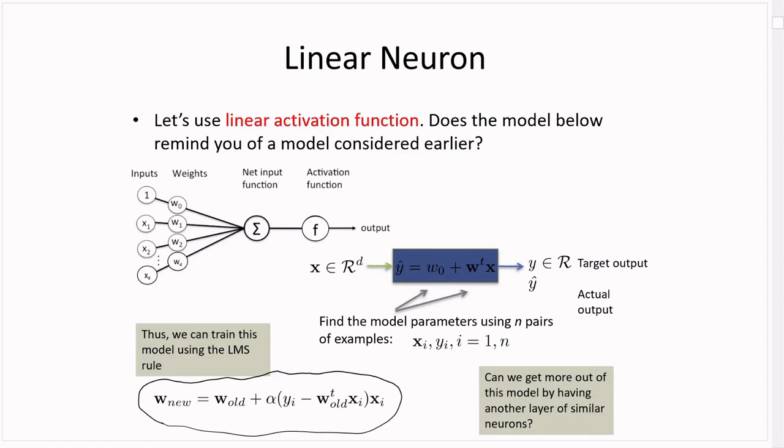You can think about it, but the answer is that when you have linearities and you take two linear blocks and put them in cascade one after the other, you don't really achieve any additional strength or any additional capability in your model, because two linear functions can always be combined to yield a single linear function. So this model is okay for starting to study, but not very useful other than doing linear regression if you want to use this model.